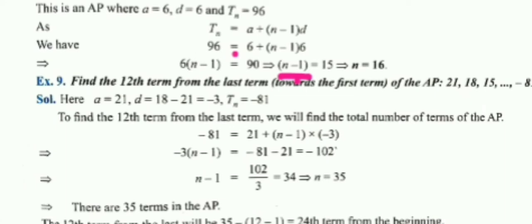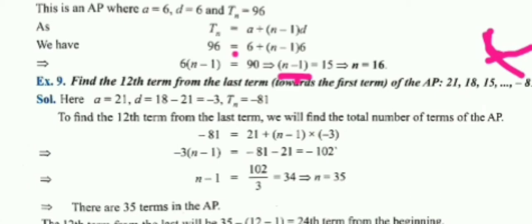Already here it is given that this is an AP, that means these given numbers are in AP, okay? Now you have to find out the 12th term from the last term. From this side you have to find out the 12th term, okay? Now just see, we know the formula Tn equal to a plus n minus 1 into d. Put all that: a equal to 21, d equal to minus 3 and Tn equal to minus 81.